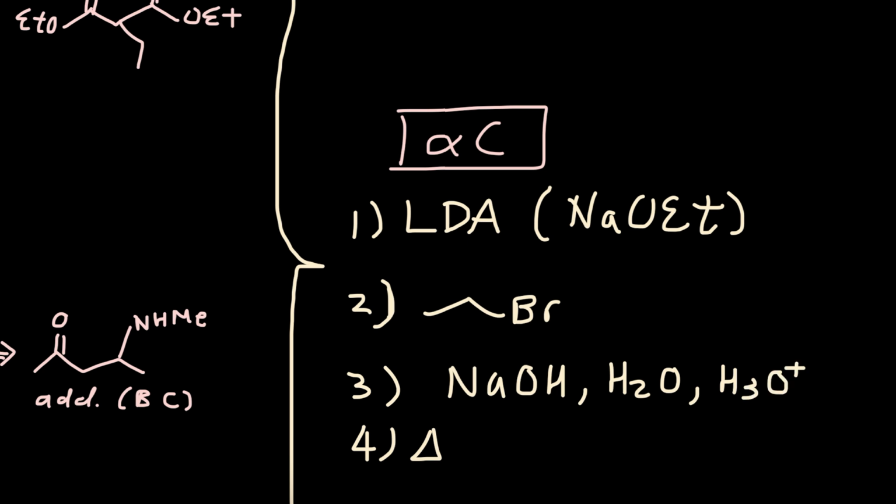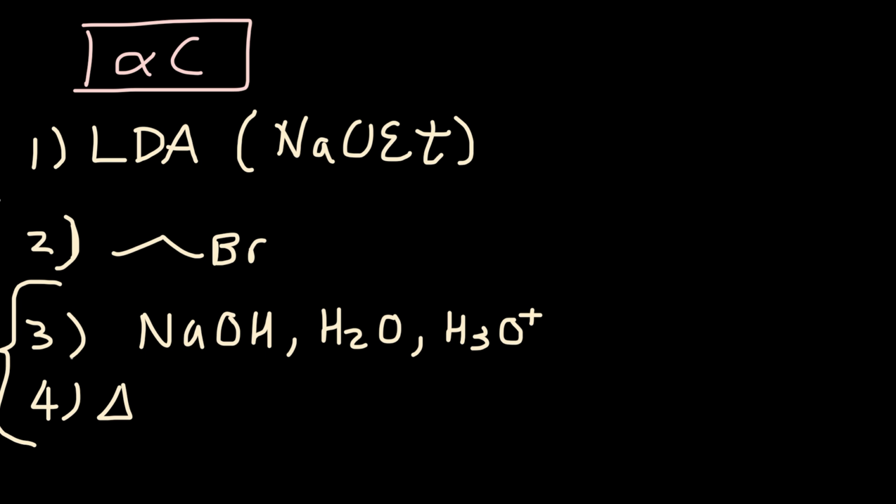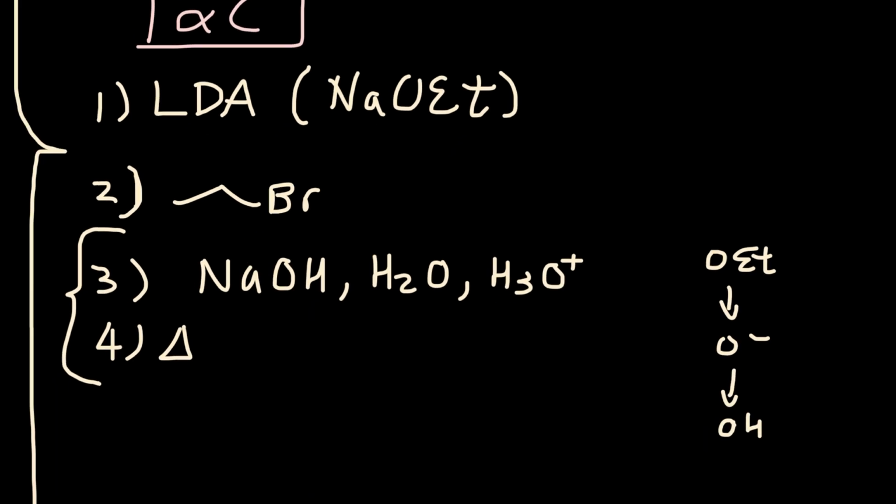So this is only for the esters. If we do that, that will convert your OEt into O minus and get protonated by the acid into OH, and then that OH gets decarboxylated. So the COOH in heat will take that COOH away.